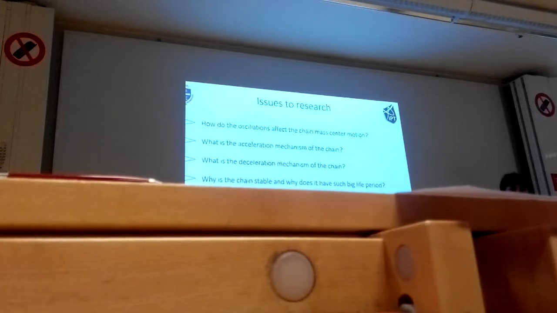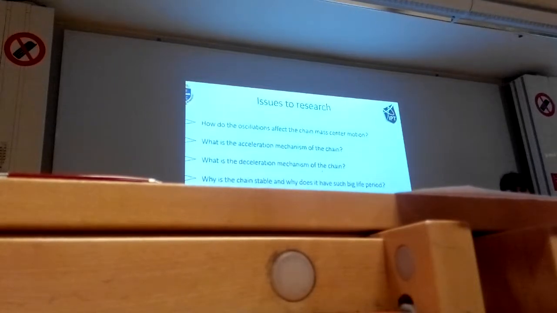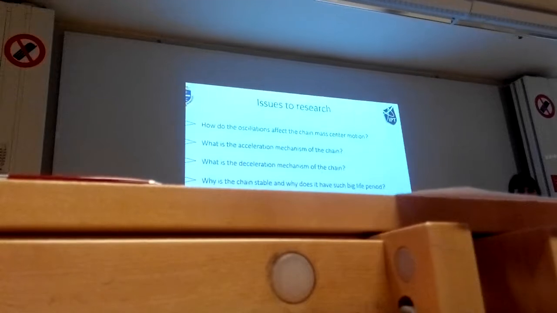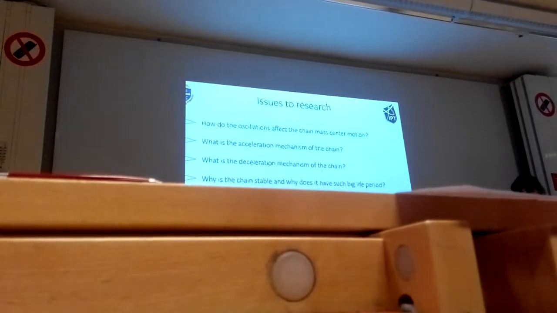And why does the jump appear? And what contribution does it give to the distance walked? The chain motion is very complicated because it consists of several parts, and we consider each of the parts separately.